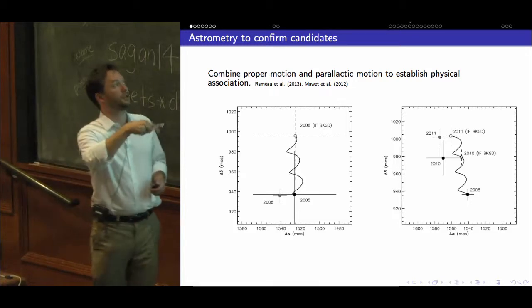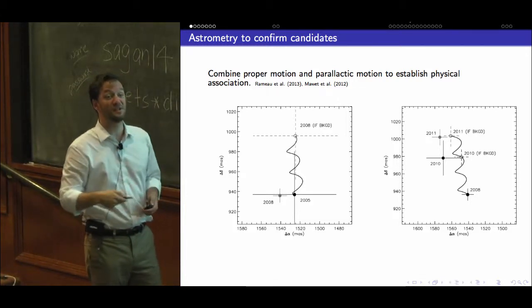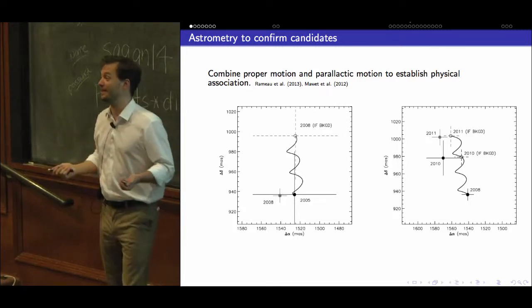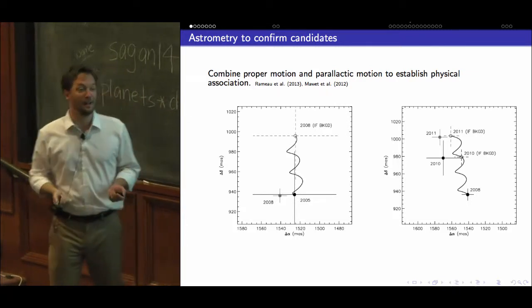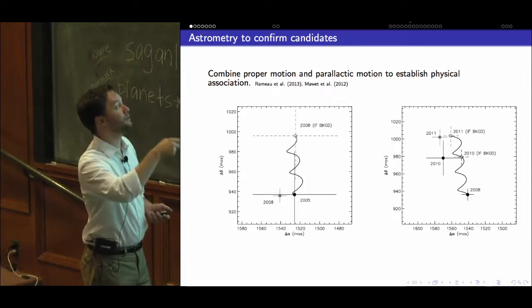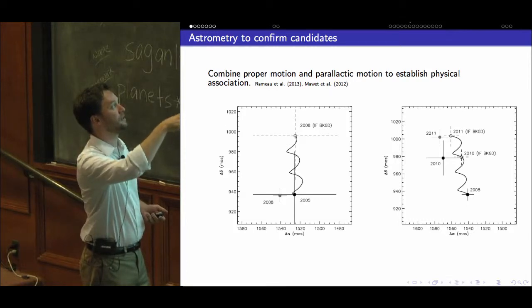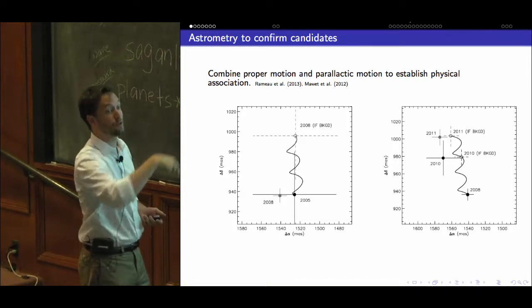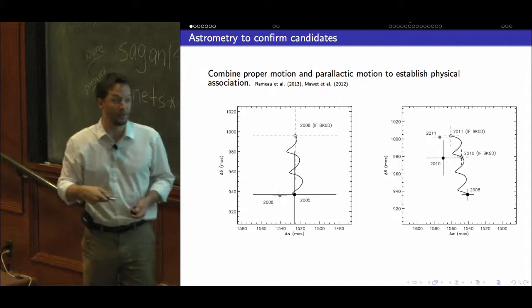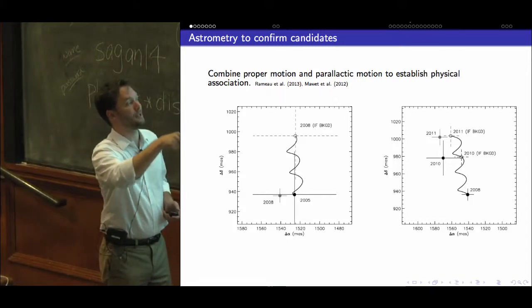The error bars are ginormous, but at first sight it looked consistent with a physically associated object. Dimitri, being very careful, went back to it. In the end, this error bar was way too big to say anything, because you see these two are overlapping, so you cannot rule out the probability that it's a background star. But you go back, you get astrometry with small error bars, and you find it's a background star.